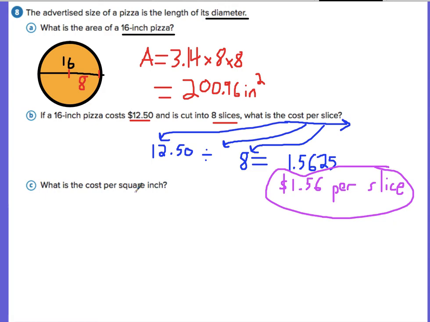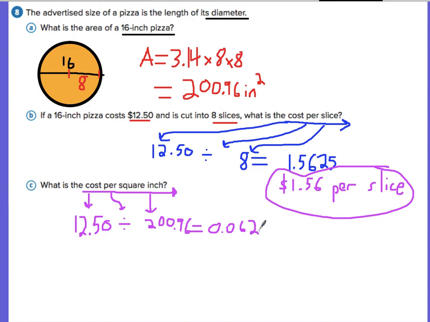Other way, though, is cost per square inch. If you always look at this, you're going to find out what the most efficient pizza to buy is for your dollar. So cost per square inch. So cost goes first, 12.50. And this one depends on you getting the first part right, part A. So divide by the area. We're going to get 0.062201 on our calculator.